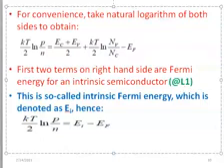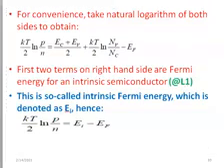And this expression will now be kT over 2 ln P over N equal to EI, that is the Fermi energy in the intrinsic case, minus EF, which is the Fermi energy now for the extrinsic case.